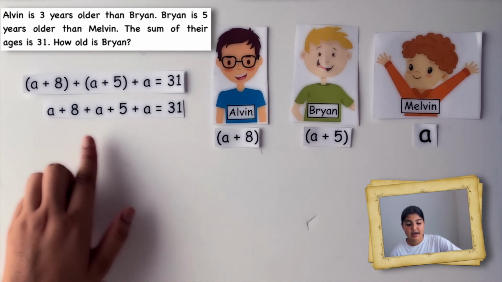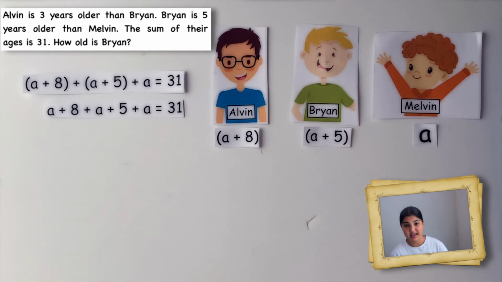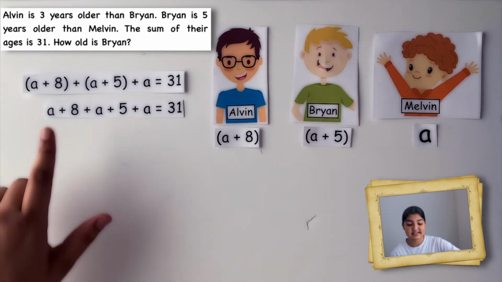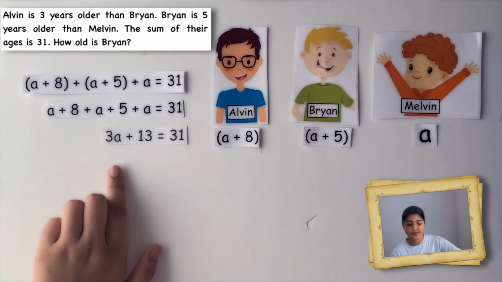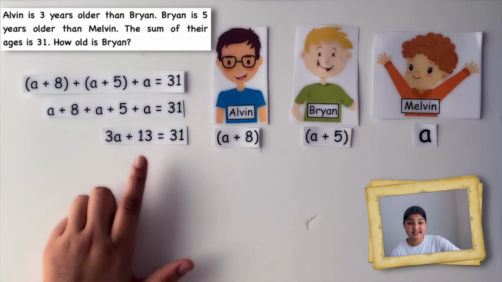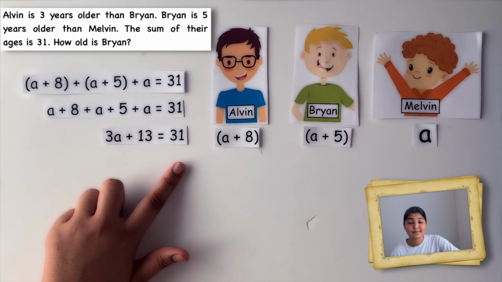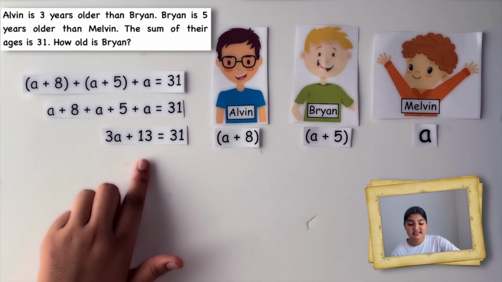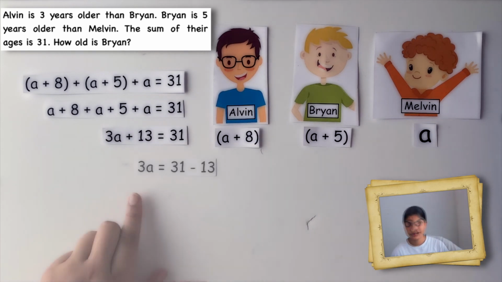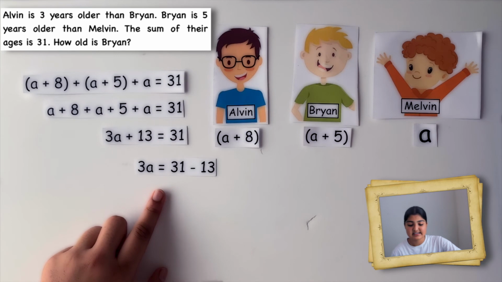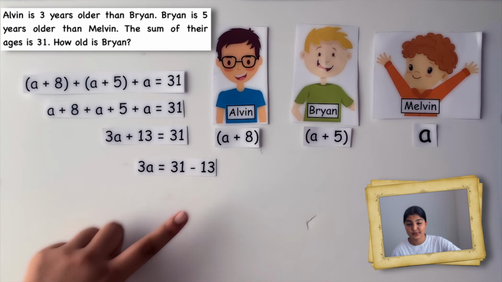A plus A plus A is 3A. And 8 plus 5 is 13. 3A plus 13 is equal to 31. Now, let's take 13 to the right side of the equation. 3A is equal to 31 minus 13, which is 18.